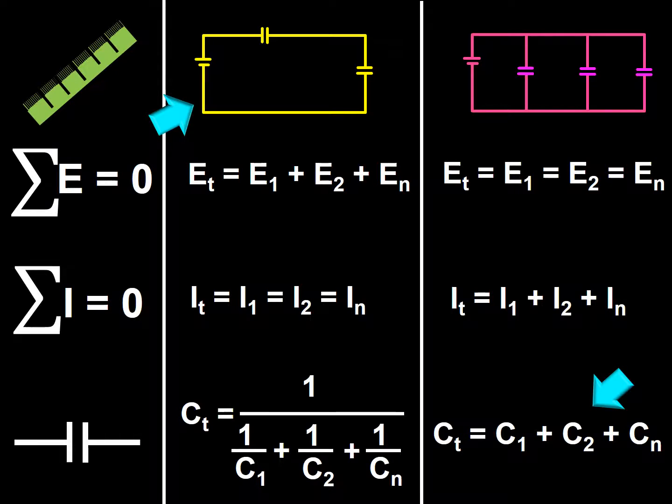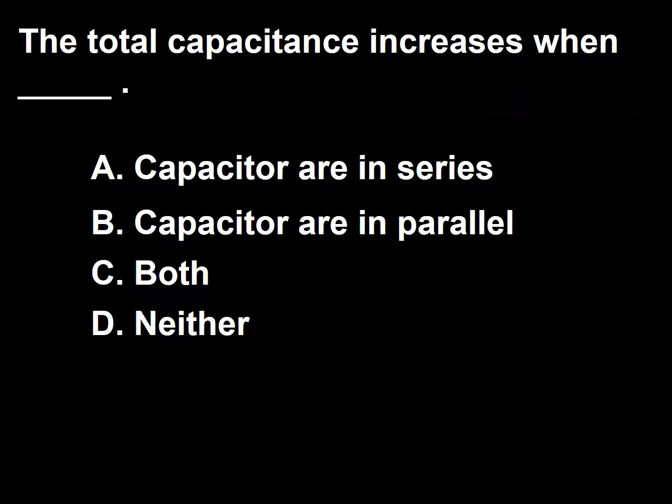When they are placed in parallel, the capacitance of the circuit adds up. So the answer to this question is B. They increase when in parallel.